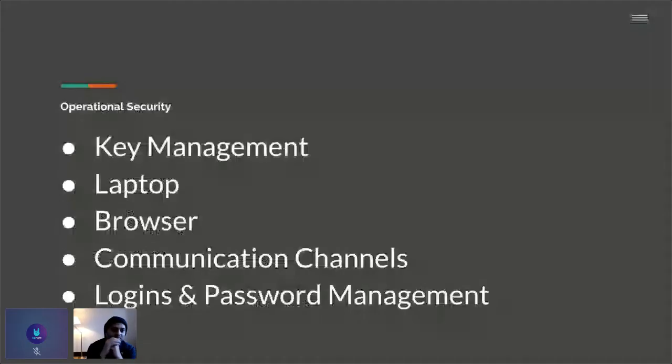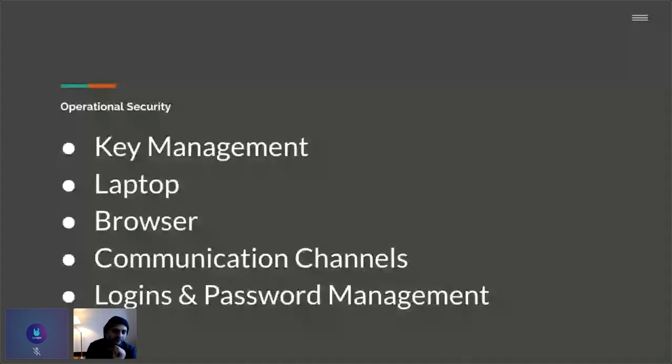And the third aspect of security would be, first was the software, then we looked at infrastructure, and let's talk about operational security itself. What do I mean by operational security? I mean, how are you doing key management? That is one part of it.